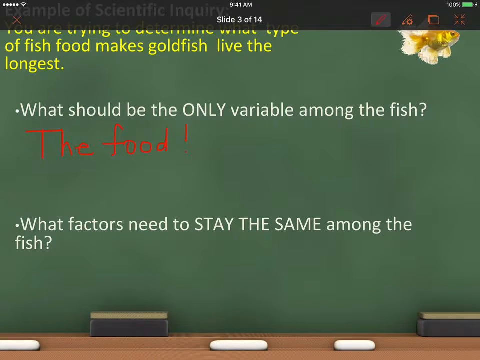The rest of the variables are going to stay the same, like water temperature. That's really important. We don't want the fish to die because the water's too hot or too cold. What about the size of the tank?